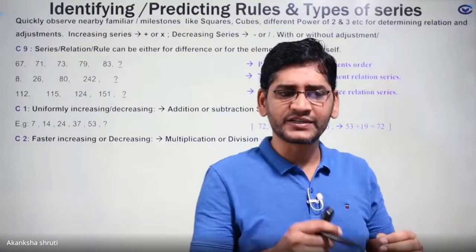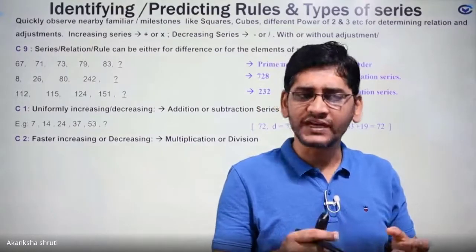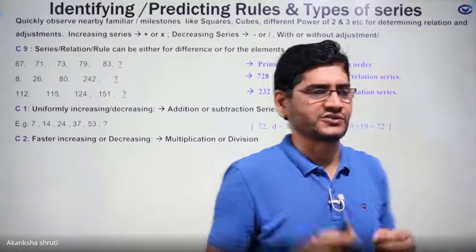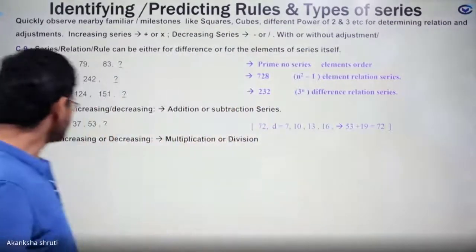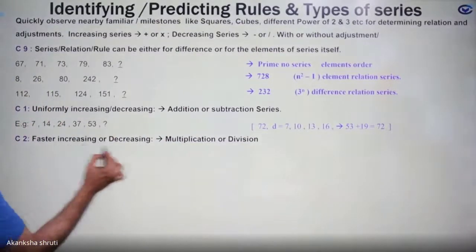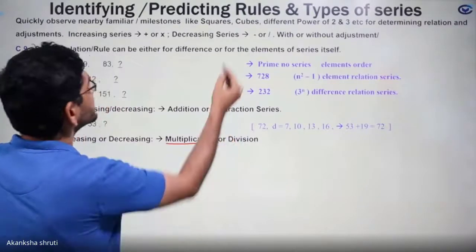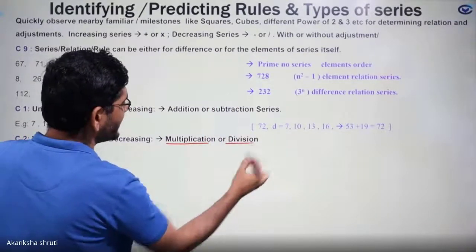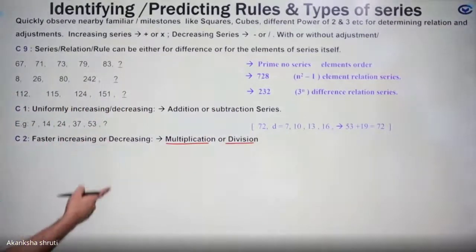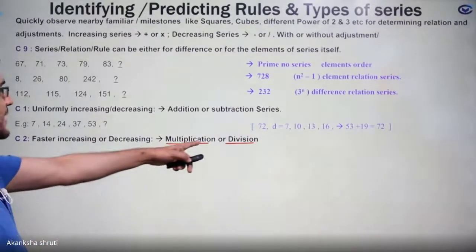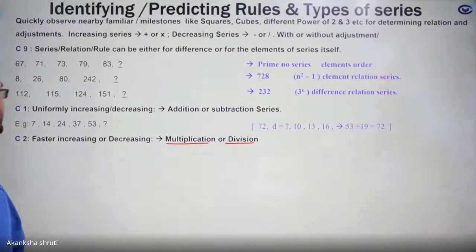Some are faster and some are very fast. In that case, there will be multiplication, and if there is a decrease, then it will be division. So for a faster increase or decrease, you apply multiplication or division. Students, see the example.